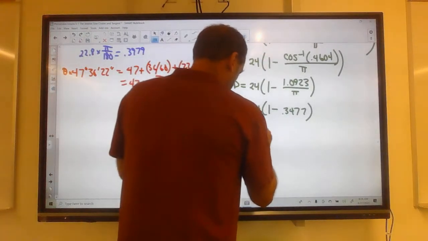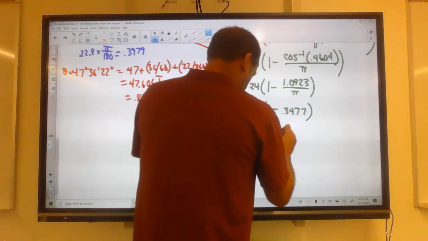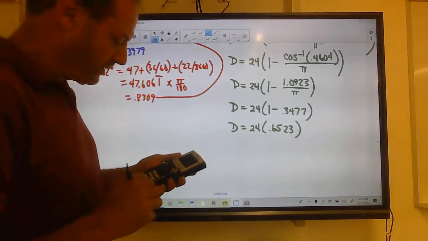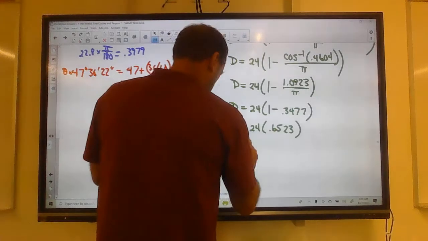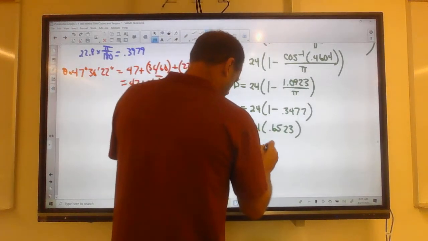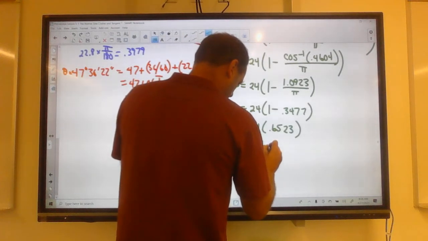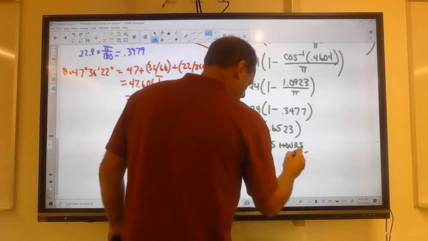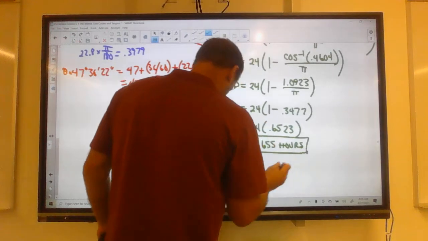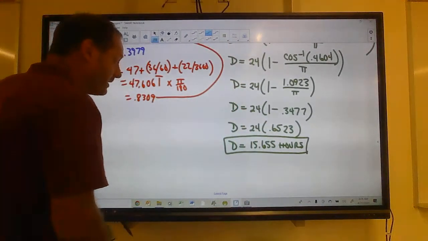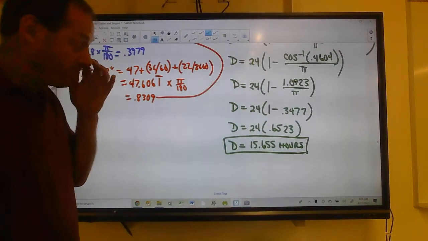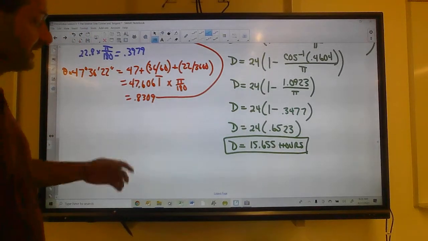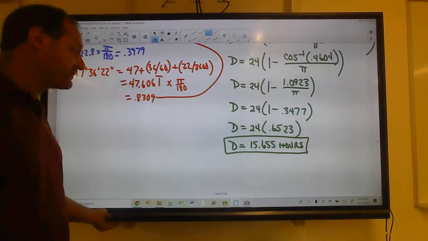D is going to be 24 times 0.6523. And now just times 24, and I get D equals 15.655 hours. And that's that. So on July 4th, Seattle is going to get 15.655 hours of sunlight per day.